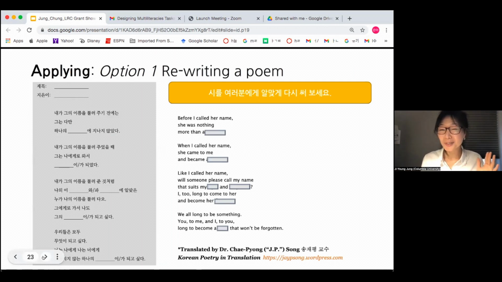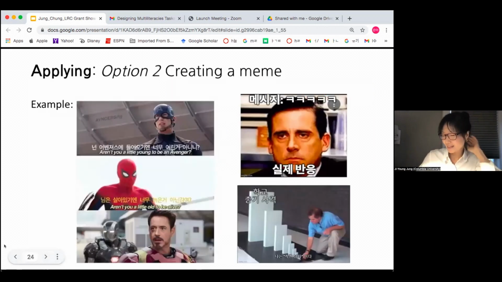So they couldn't produce very much. So I asked them to rewrite this poem and leave blanks where the important words go, and actually they produced really funny poems.